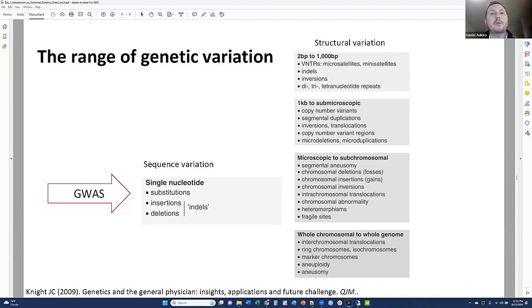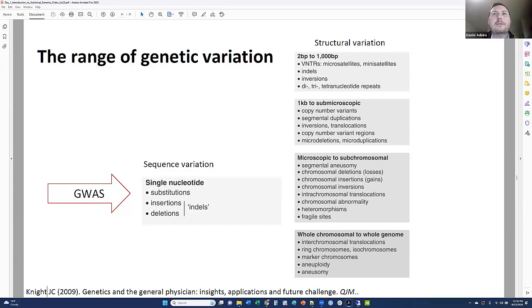Copy number variations are increasingly recognized as being quite important to phenotypic variability. If you have a chunk of DNA, maybe some people have one copy of that chunk. Some people have 2 copies. Some people have 10 copies of that chunk. And that can have big phenotypic consequences. So that's copy number variants.